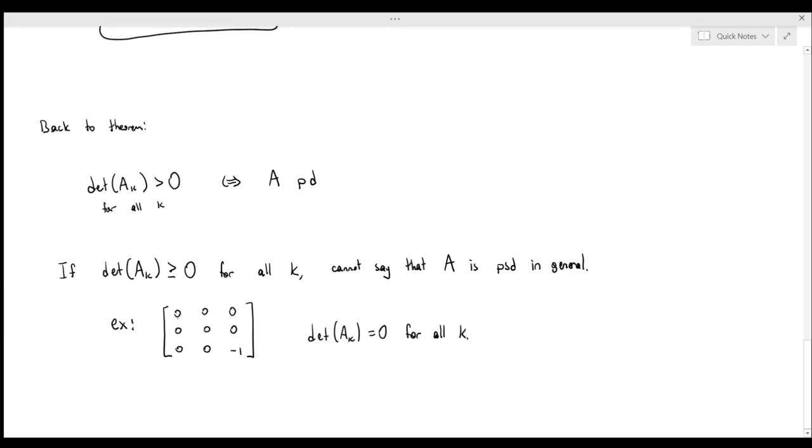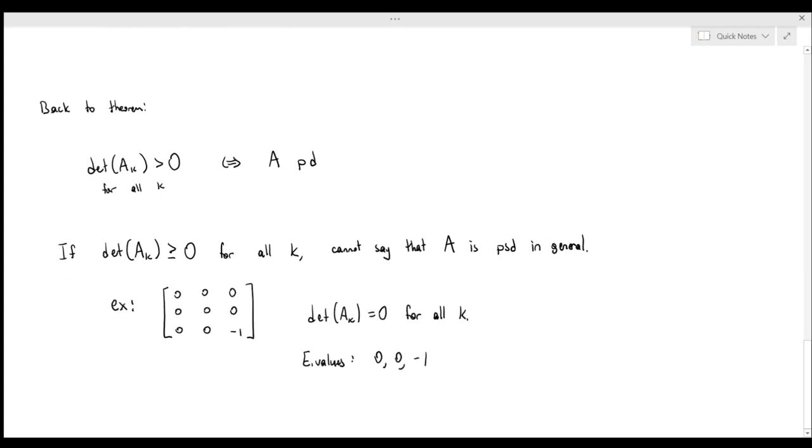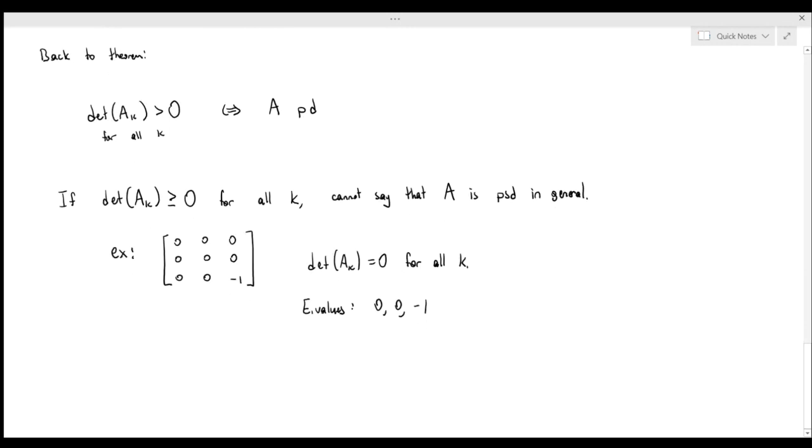But this matrix is already a diagonal matrix, so its eigenvalues are simply its diagonal entries. In other words, the eigenvalues of this matrix are 0, 0, and -1. So in fact, this matrix is not positive semi-definite. It's actually negative semi-definite instead.